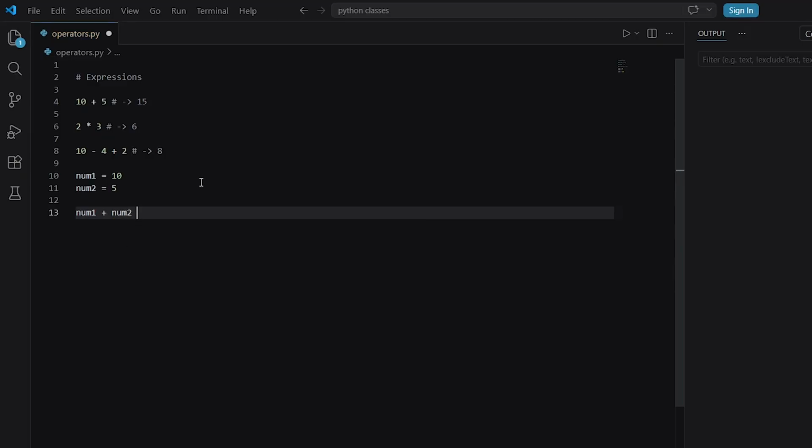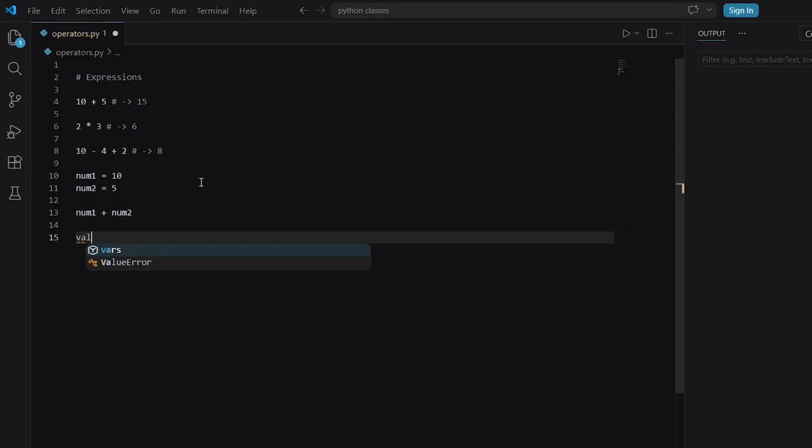We can wrap an expression inside of a variable, or better still, we can assign an expression to a variable. Like we can have value is equal to num1 plus num2. This expression, of course, is going to evaluate to a value, which is subsequently assigned to this variable.